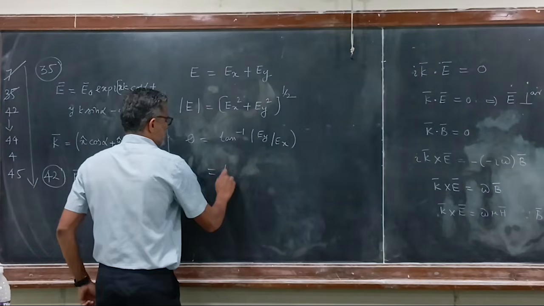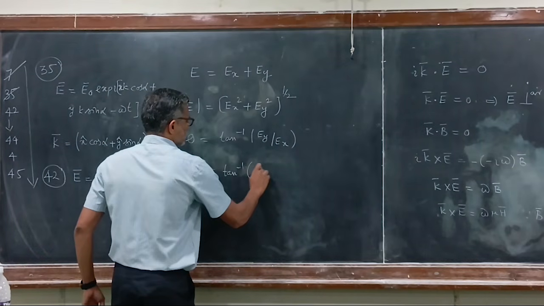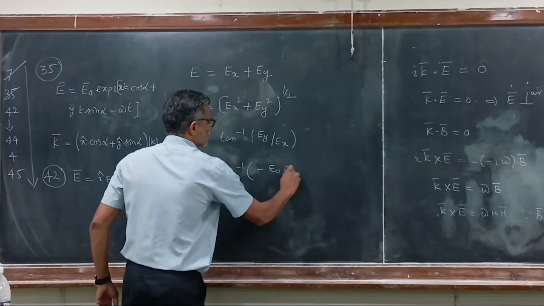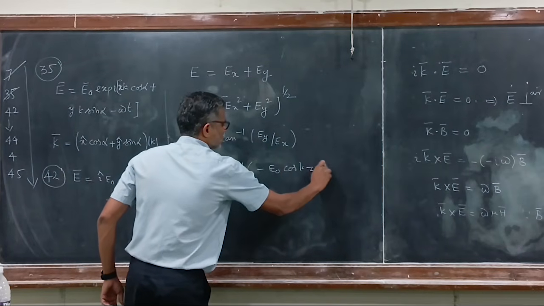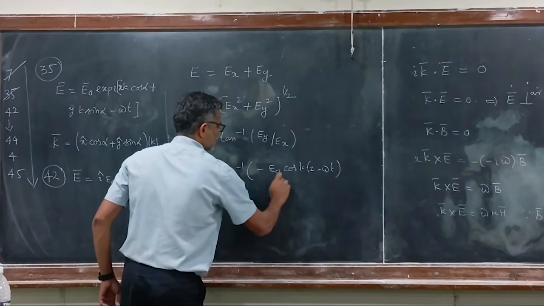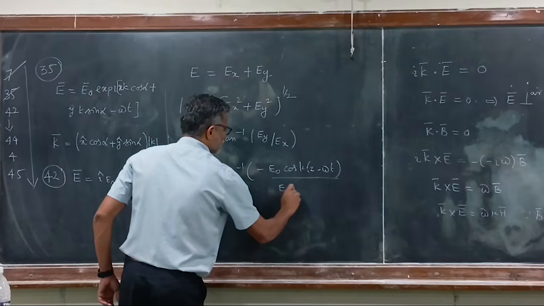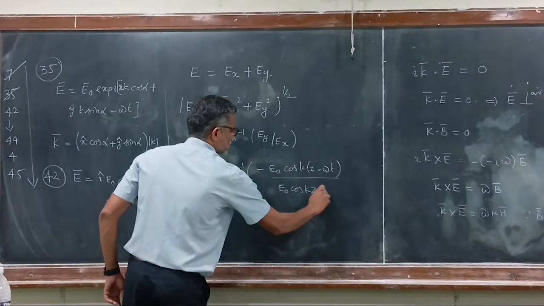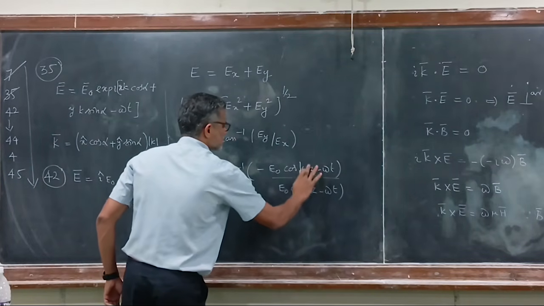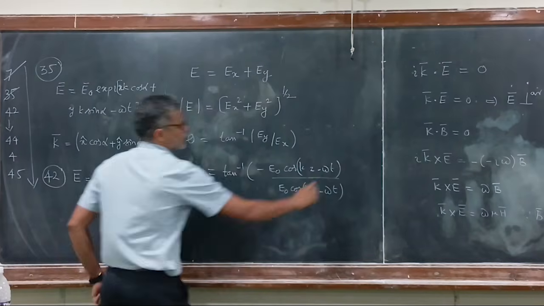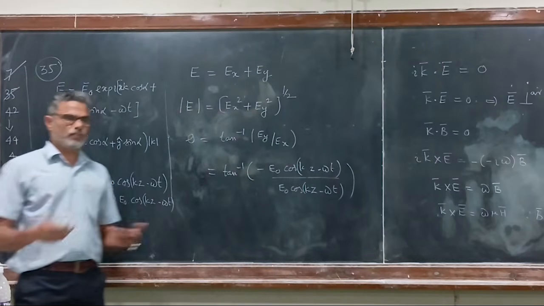But now you come up with the tan inverse of minus E0 cos(kz minus omega t) divided by again E0 cos(kz minus omega t). So basically there is no change in the phase; both of them are in the same phase.